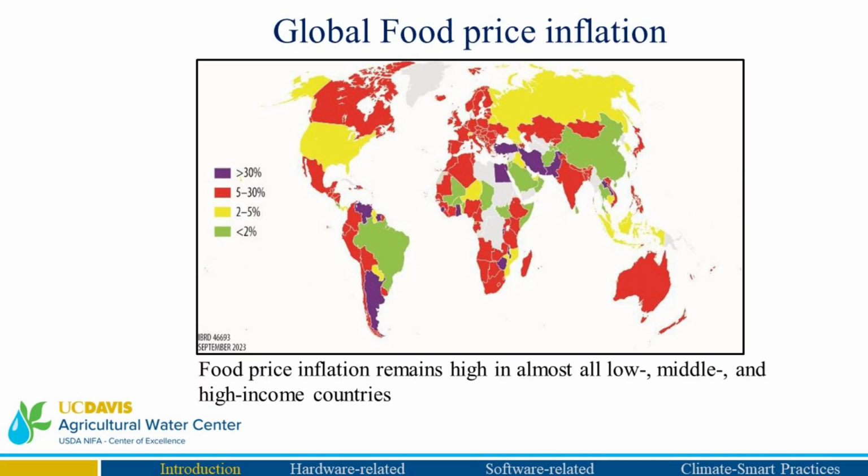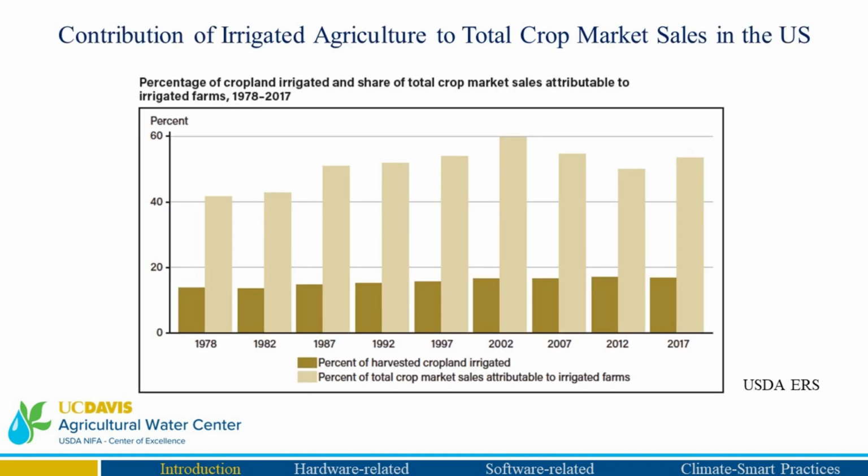So this map shows that even in the US, we have been suffering from food inflation of 2 to 5%. And many developing countries are actually having even higher food inflation. There are many factors that go into food inflation, but one of the main ones is production that is impacted by climate extremes or global events like the Ukrainian war, for example.